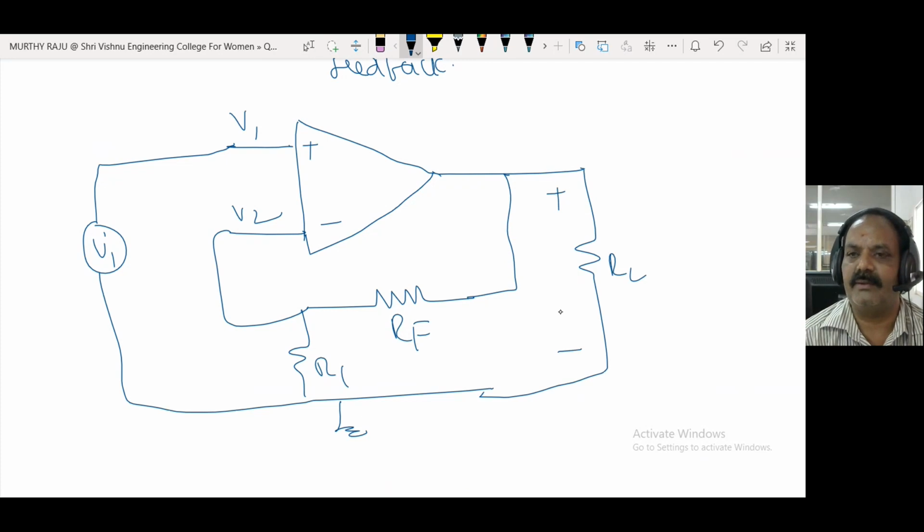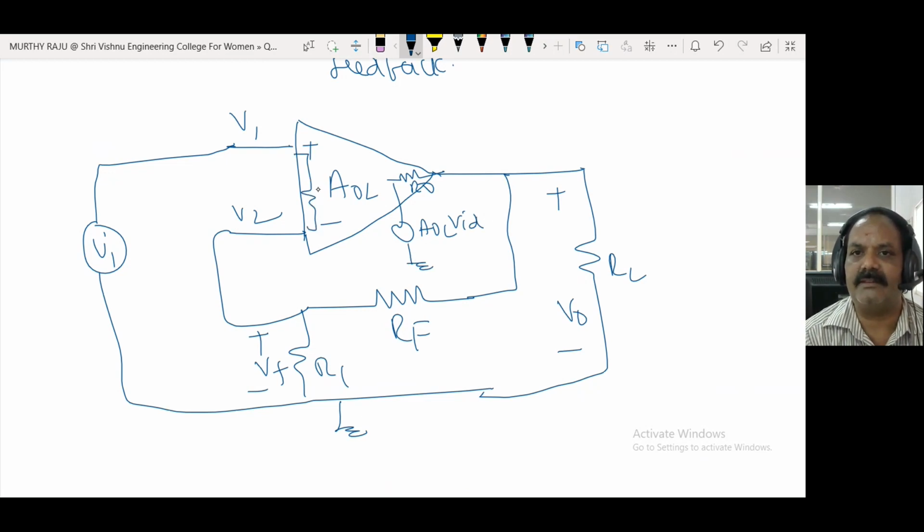This one is V0, and this one is VF. This one is R0, and AOL into VAD.